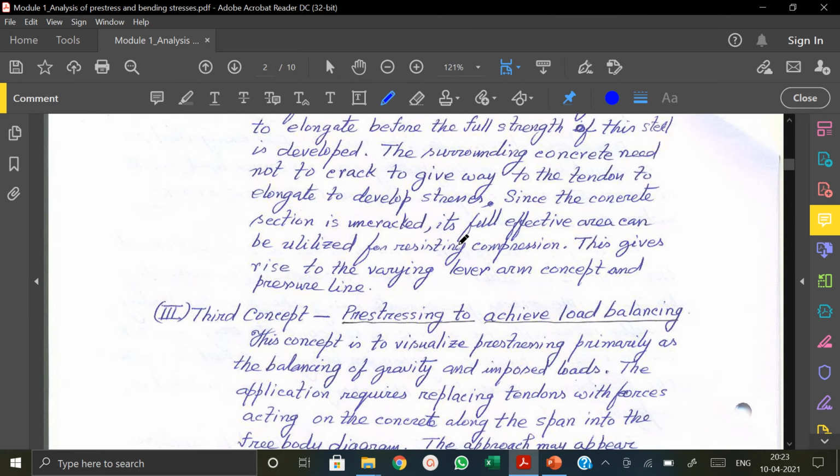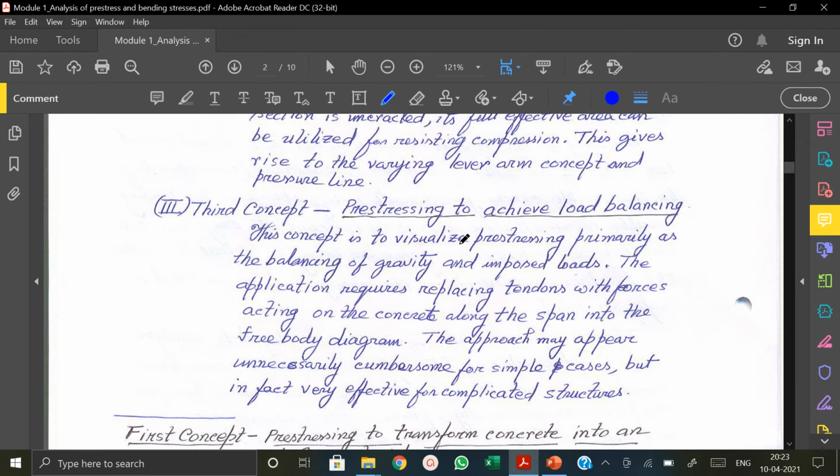The third one is a little more complicated for a smaller structure, but it's very useful for a larger structure. That is prestressing to achieve load balancing, also called the load balancing concept. This concept visualizes prestressing primarily as the balancing of gravity, that is your self-weight, and the imposed load. The application requires replacing tendons with forces acting on the concrete along the span in free body diagrams.